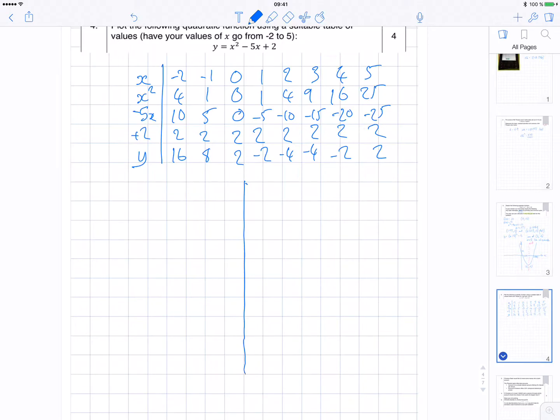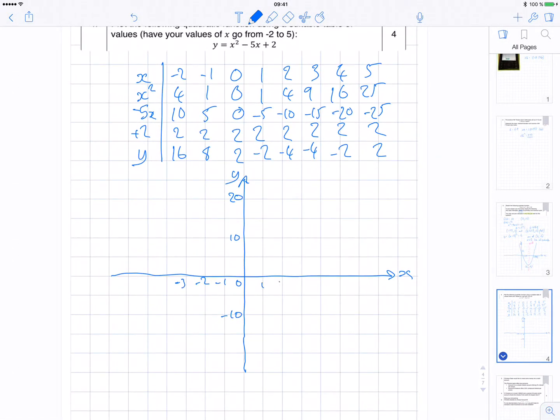Obviously straight lines are by far the best. And we go all the way up to 16. So do 10, 20, minus 10, minus 1, minus 2, minus 3, 1, 2, 3, 4, 5.